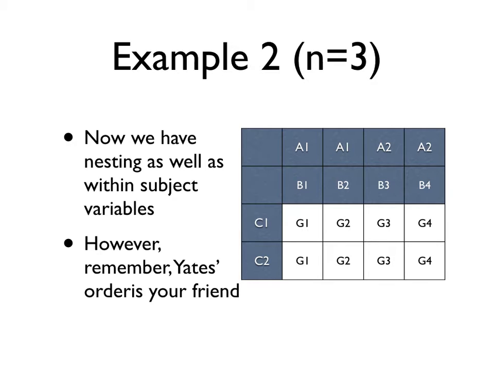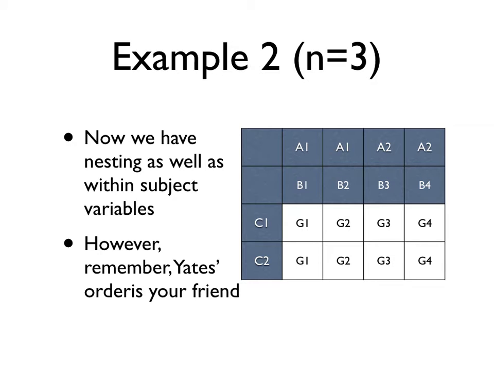You can talk about A. You can say, sure, A goes with C, A goes with B, if we're fine with A. But you can't talk about B on its own without mentioning what level of A it's in. That's sort of the test to see if something's nested. Can I talk about B without mentioning A? No, I can't. It's impossible.